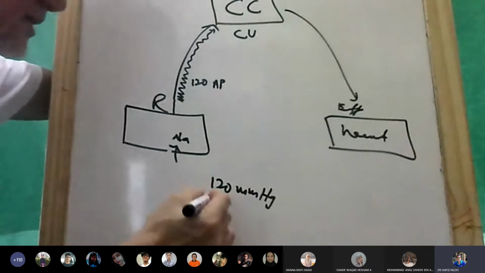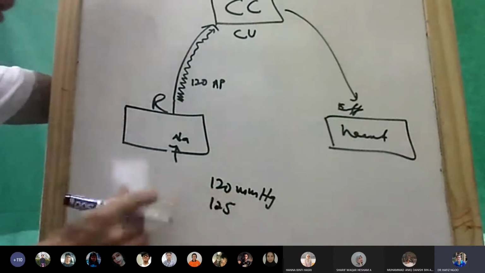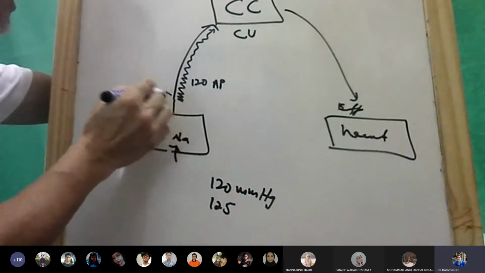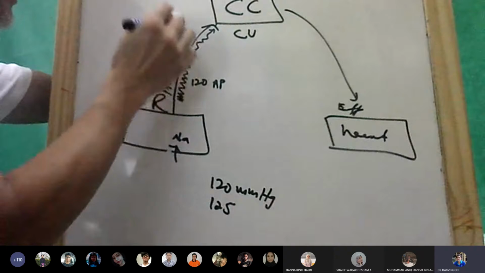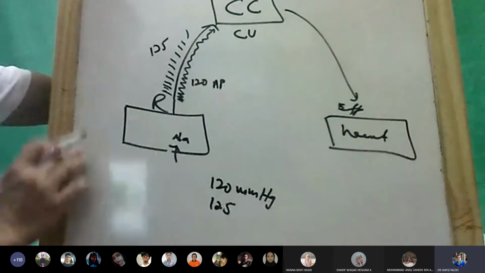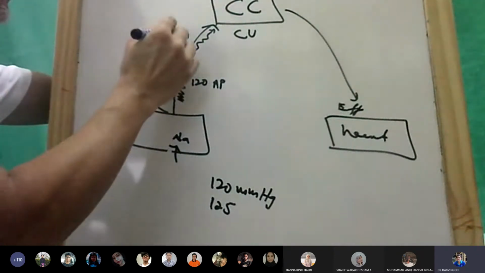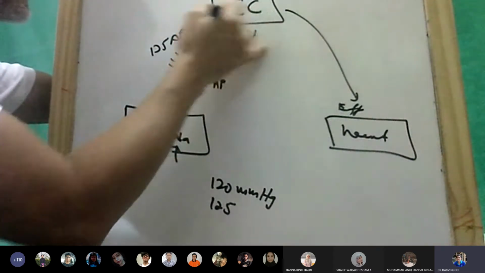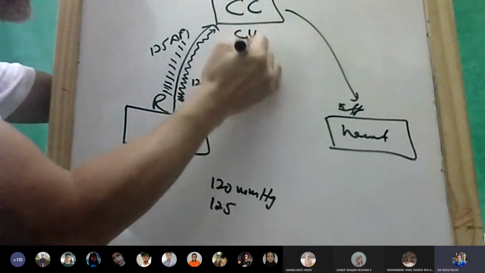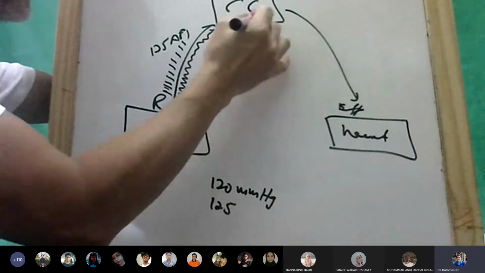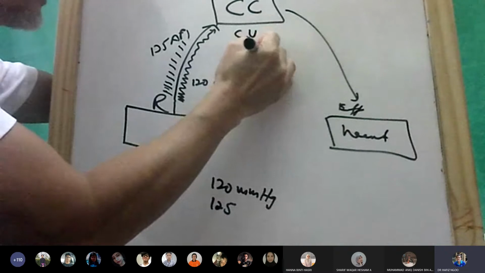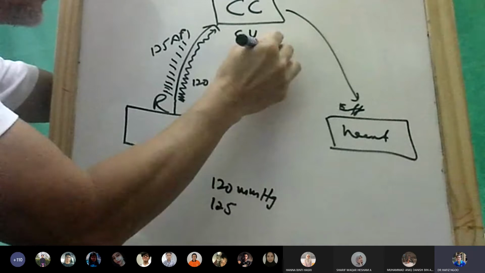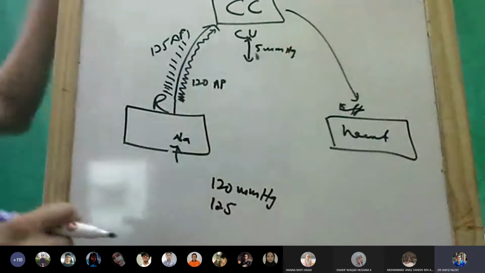Now, if you increase that to, let's say, 125, this increase in pressure will be detected with more action potentials going to the control center, now increased to 125 per minute. The control center will then infer and compare against the set point of 120 that there is an increase of 5 millimeters of mercury of pressure.